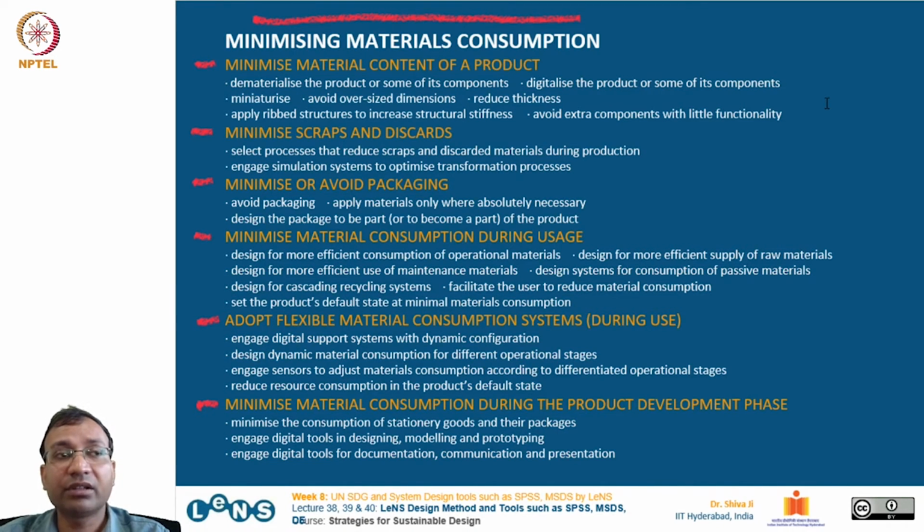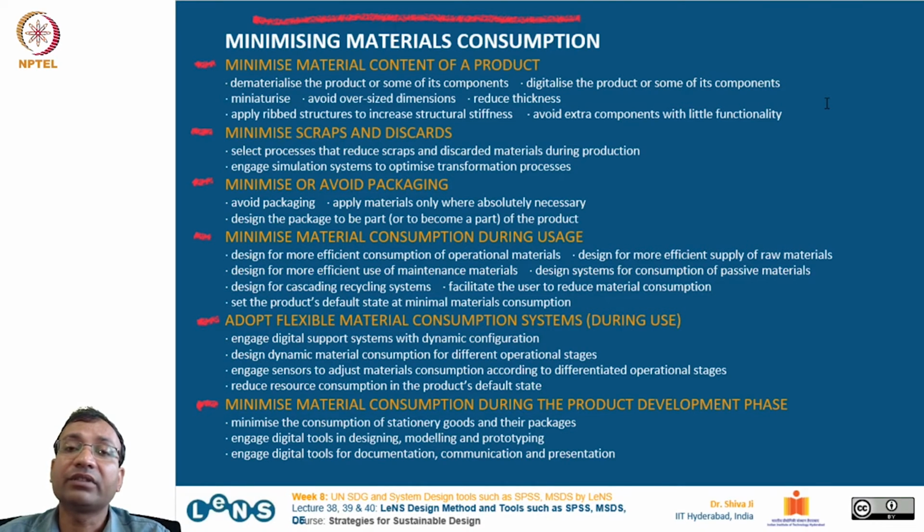Further, this strategy of minimizing material consumption during use. Design for more efficient consumption of operational materials, more efficient supply of raw materials, more efficient use of maintenance materials, design systems for consumption of passive materials, which don't utilize energy extensively, design for cascading recycling systems, facilitate the user to reduce material consumption, and set the product's default state at minimal material consumption.